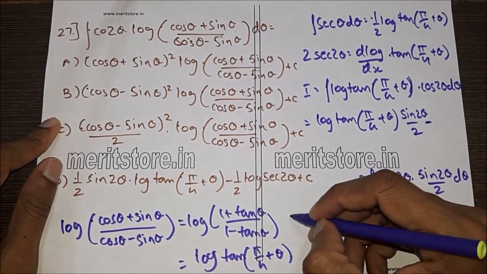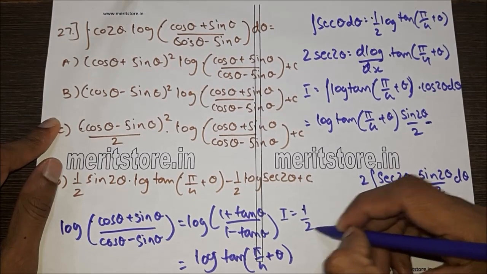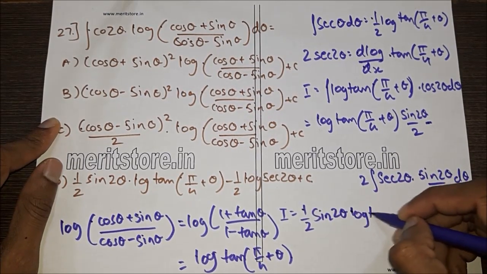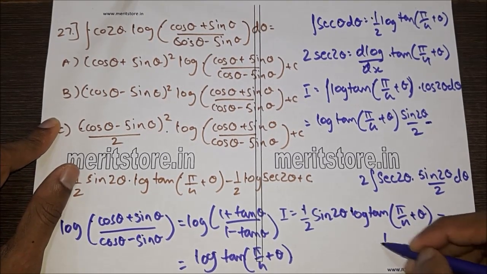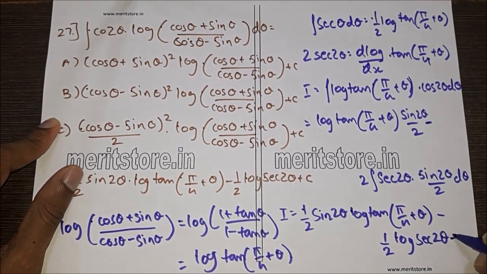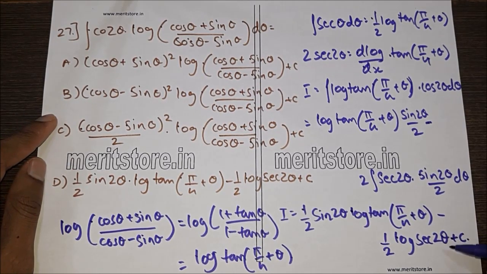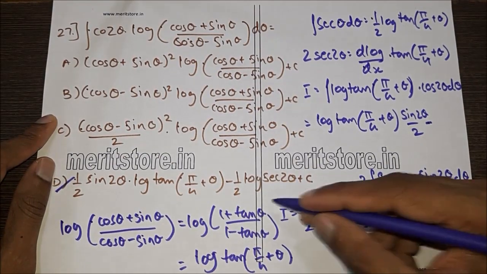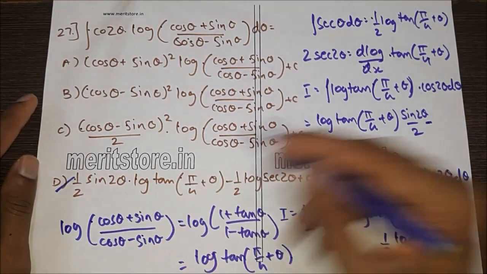For the solving, we get the answer as I equal to half sin 2 theta log tan pi by 4 plus theta minus half log sec 2 theta plus c, which we see our answer matches option D, that is half of sin 2 theta log tan pi by 4 plus theta minus half log sec 2 theta plus c. Therefore option D is the correct answer.